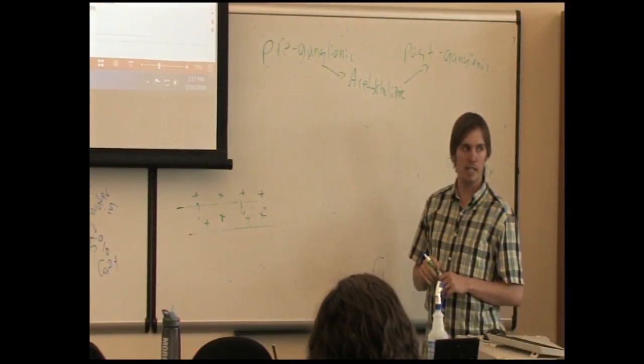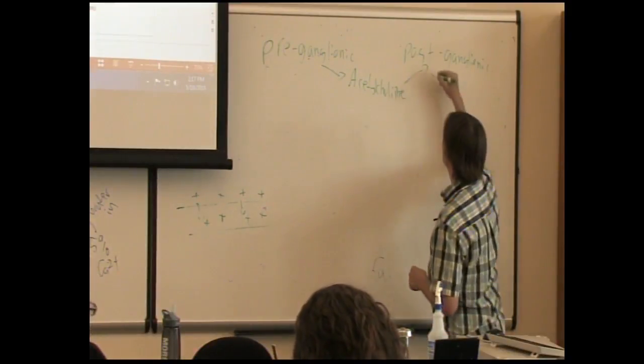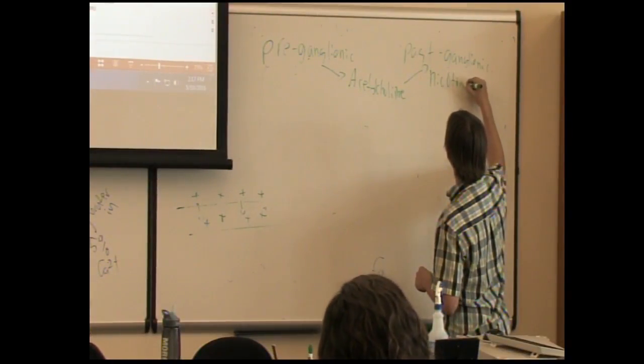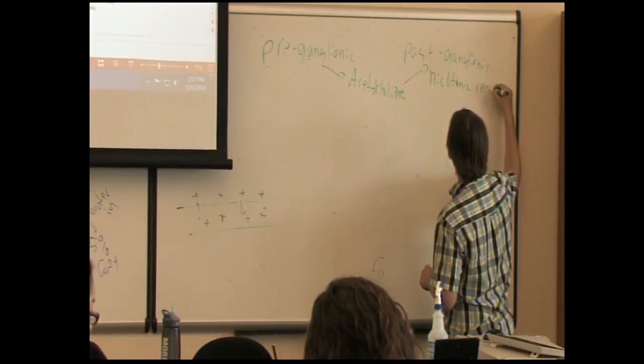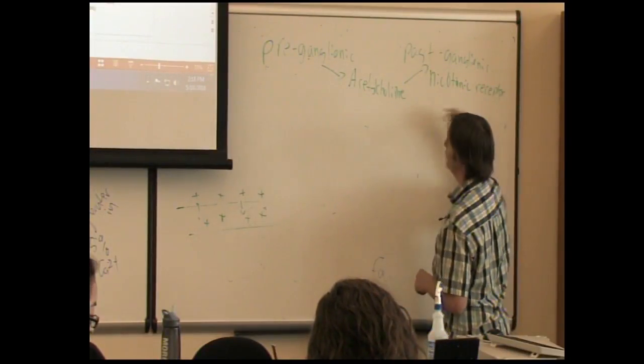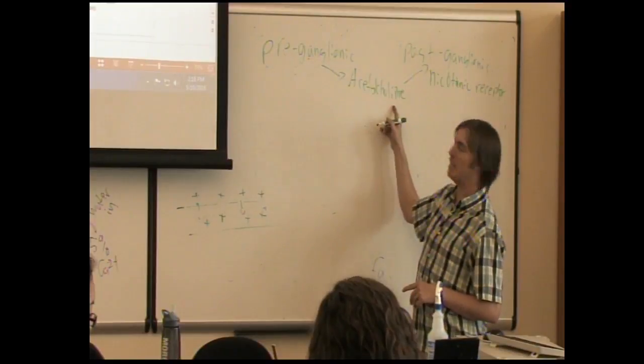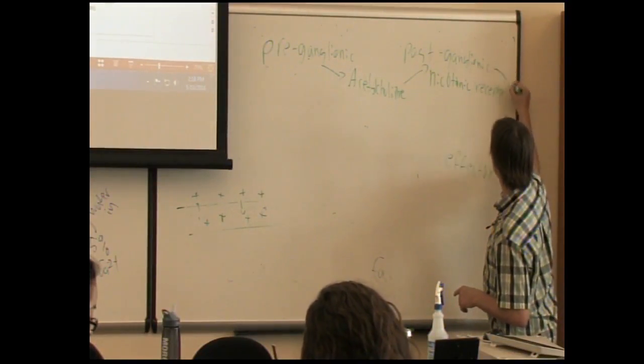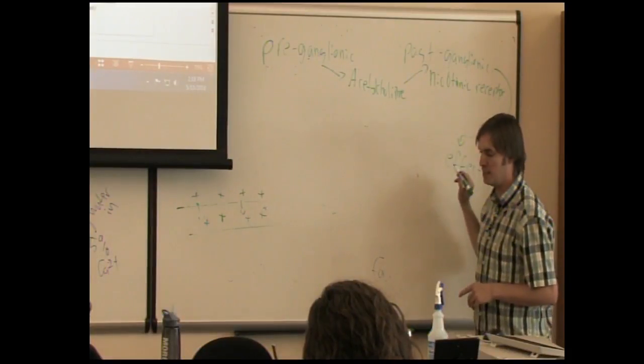What receptor is it? Nicotinic receptor. So the preganglionic sends out acetylcholine. Postganglionic has a nicotinic receptor. And then the postganglionic, it sends out a neurotransmitter.